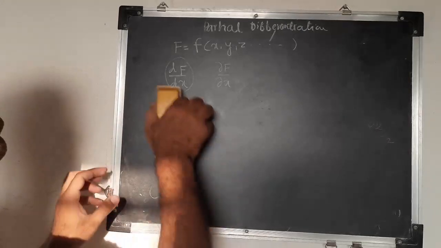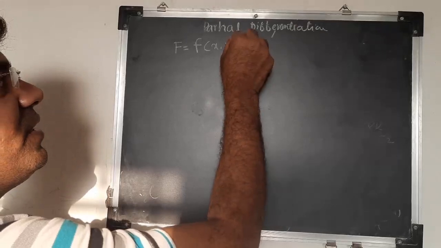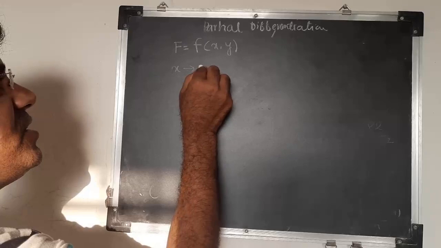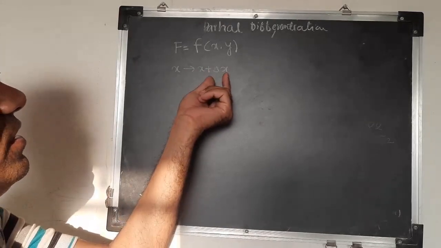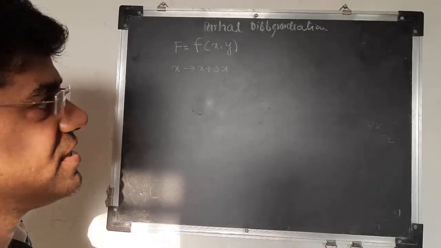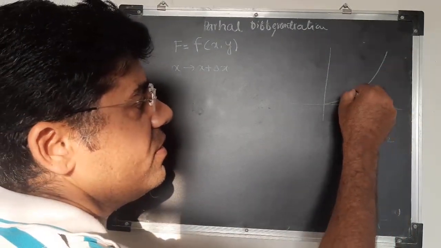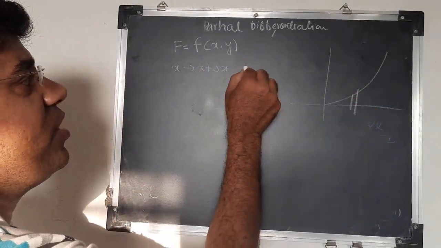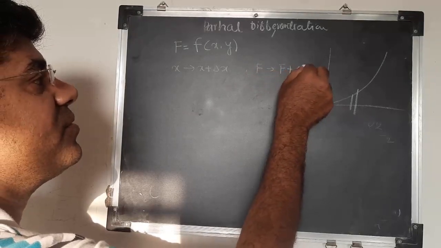Okay, so now here suppose f is a function of your x, y coordinates. Now x changes to x plus delta x, meaning your function changes with an infinitesimal quantity delta x, a small change in x, just like in this particular graph you have drawn, okay, and you have taken only a small change in x, so automatically your function f will be changed to f plus delta f.